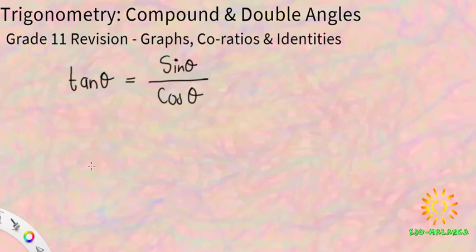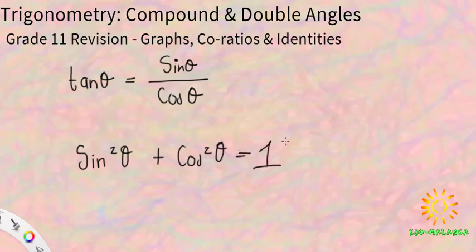This is identity number 1. And the last identity is that the sine squared of theta plus the cosine squared of theta is equal to 1. You should not be seeing them for the first time because we're doing grade 11 revision.